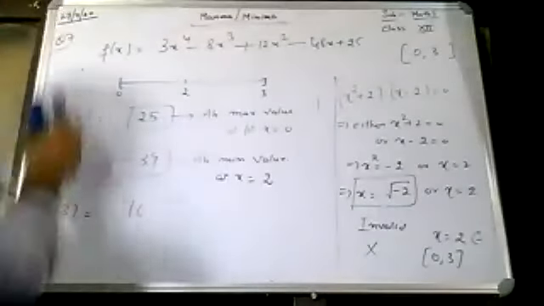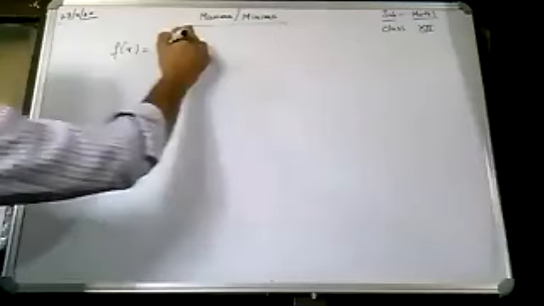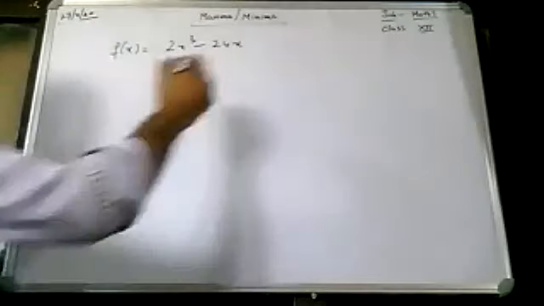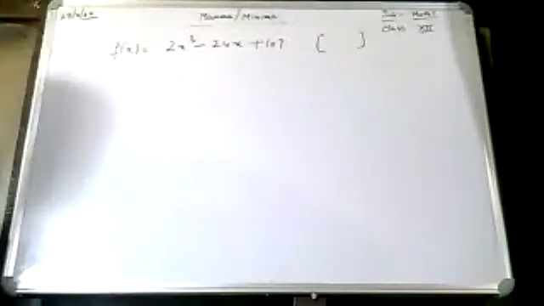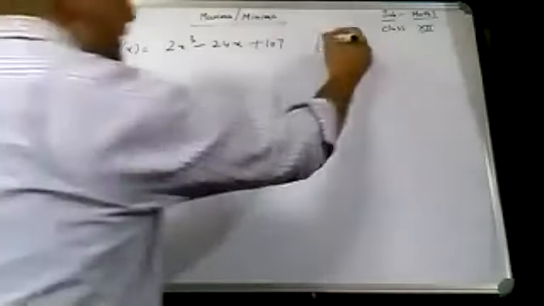Next is easy. Is it difficult? No, sir. So next is function f of x is equal to 2x cube minus 24x plus 107 in the closed interval 1 and 3.